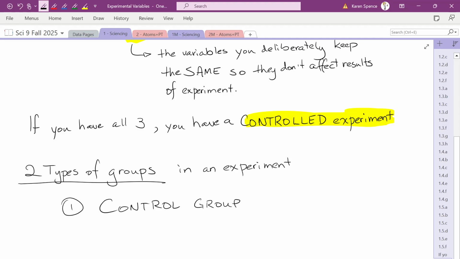Alrighty, anyone want to try? What is the control group? How would you describe it?